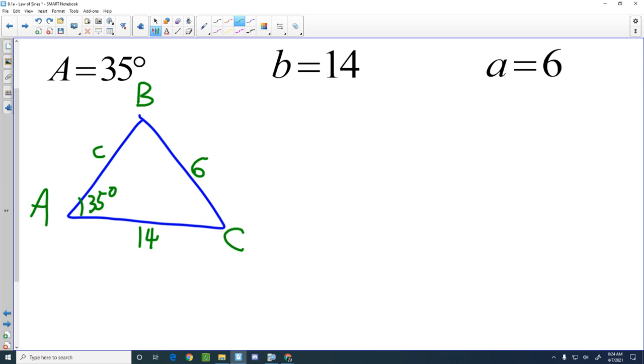So can we use the law of sines for this problem, everyone? Do we have the right combination to get started? Yes. We've got a side length and an angle across. And that would be the A's. I have angle A and side A, so that's going to be my first fraction.